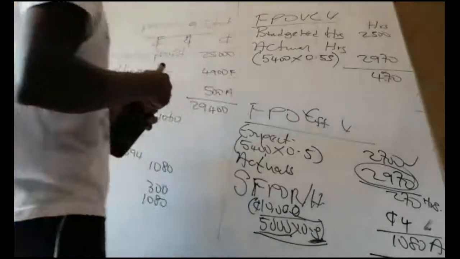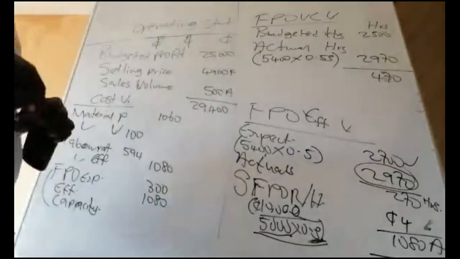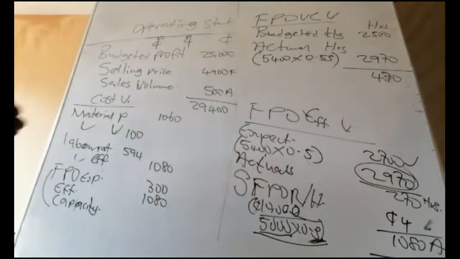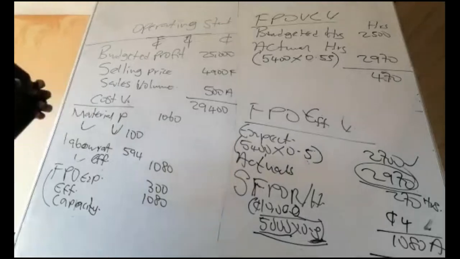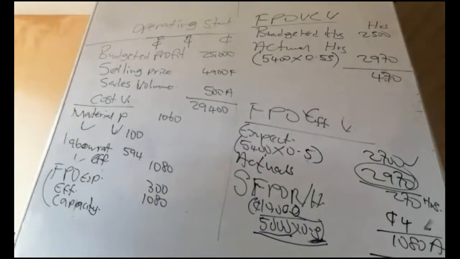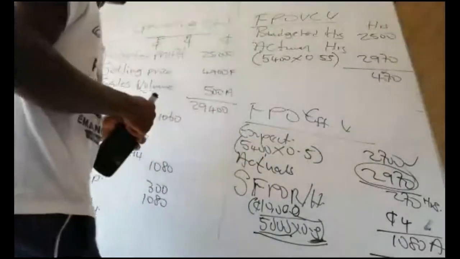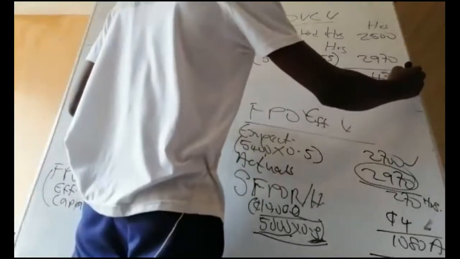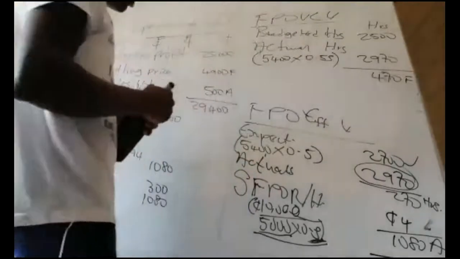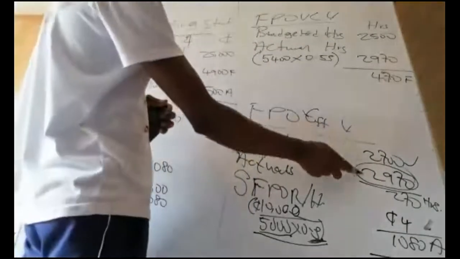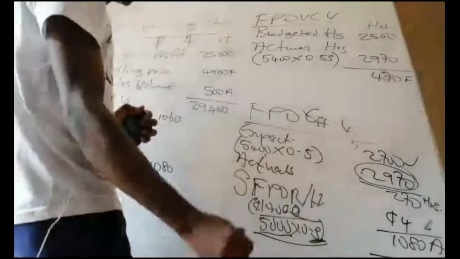Adverse or favorable? This is where the troublesome one is. Capacity is the one that does not follow the normal rule. The budgeted figure is 2,500. It's favorable. So it means that your capacity has been enhanced or increased, which is favorable, unlike efficiency to be adverse.